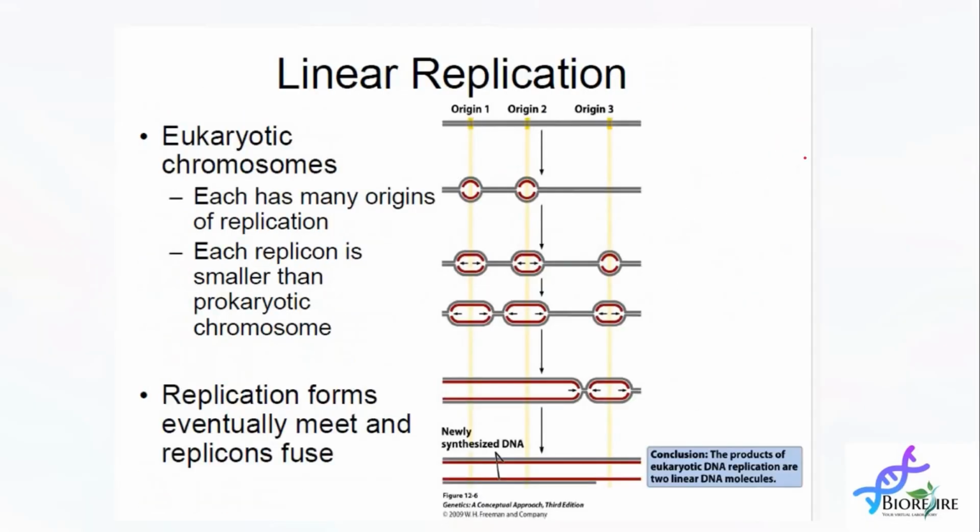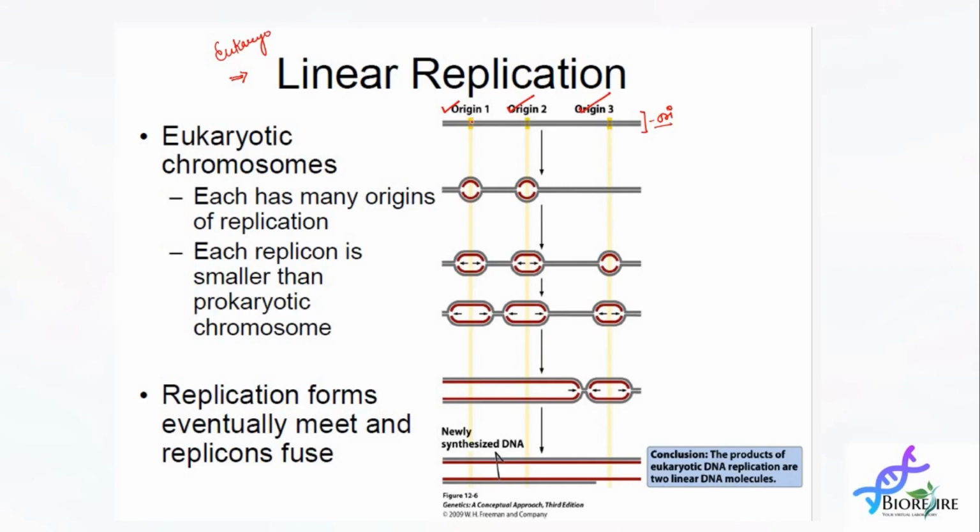Now linear. This linear replication process is performed in the eukaryotic chromosome. In linear replication, a number of ORI regions are present, like ORI region 1, ORI region 2, ORI region 3.